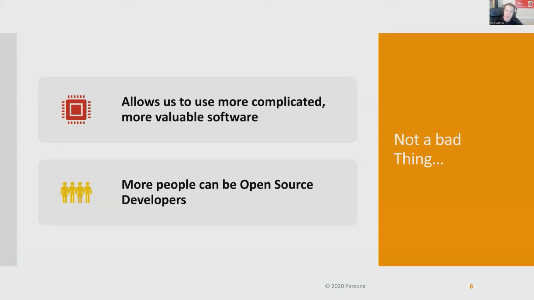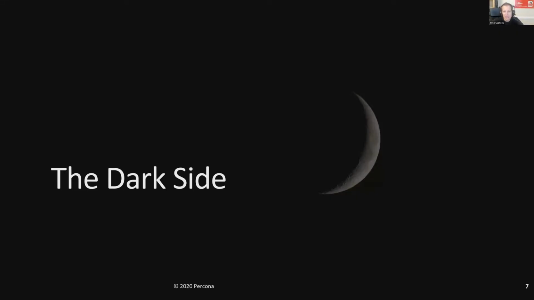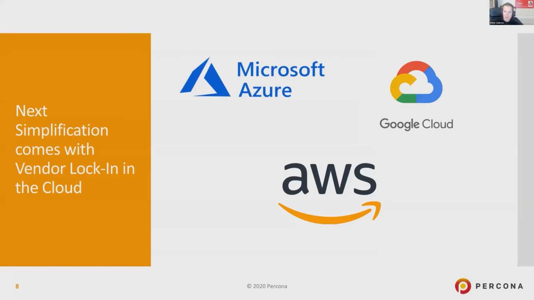That really allows more people to be involved with open source, as developers or as software users. Now, I think that also has a dark side, with seductive convenience, because the next level of simplification for a lot of software comes with vendor lock-in in the cloud.